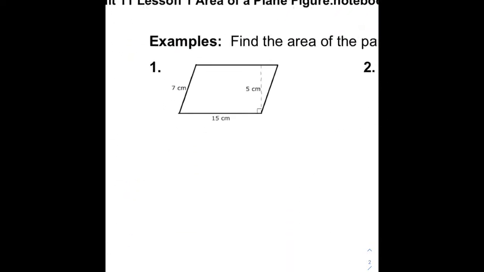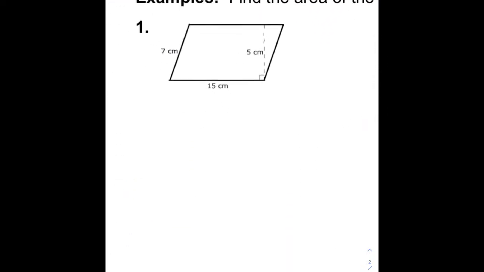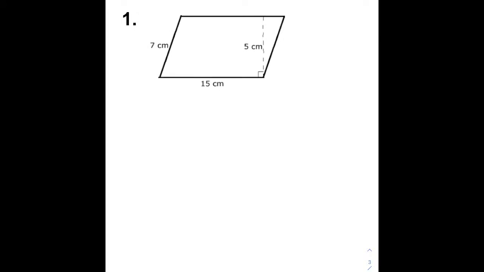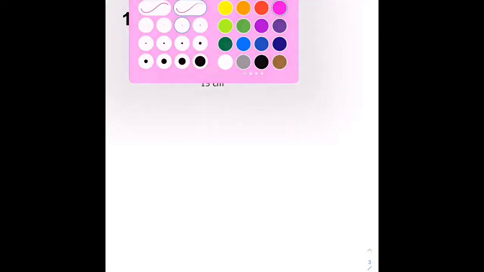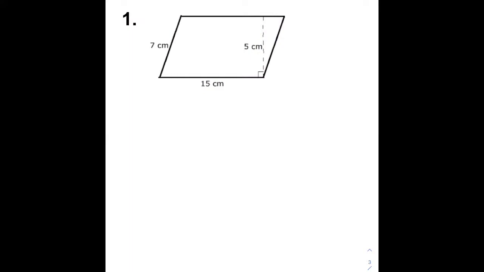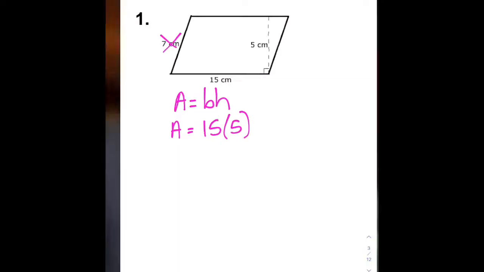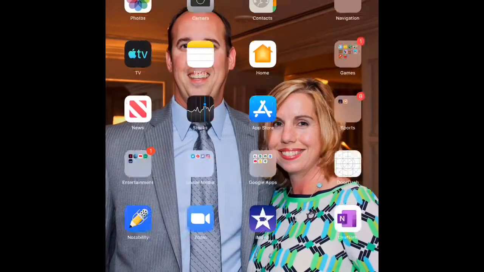Find the area of the parallelograms. Whenever I teach area, I'm going to teach it the same way all the time. Area is equal to base times height. In this picture, the base is 15 and the height is 5. 7 is extraneous information. I don't need it. Let me pull up a calculator.